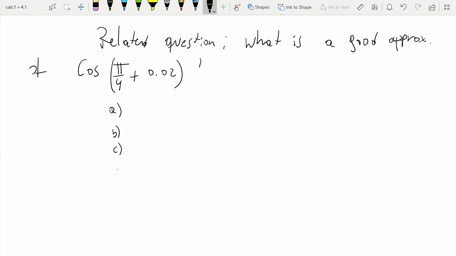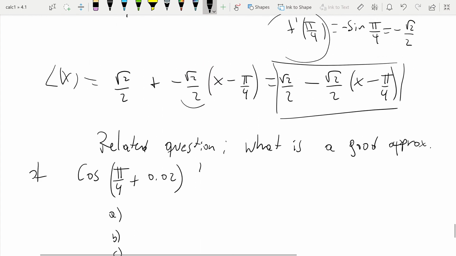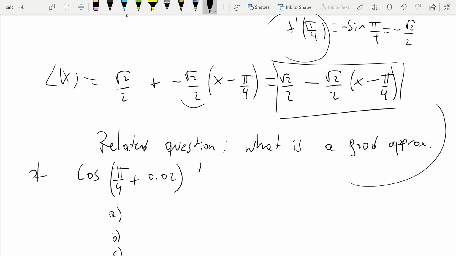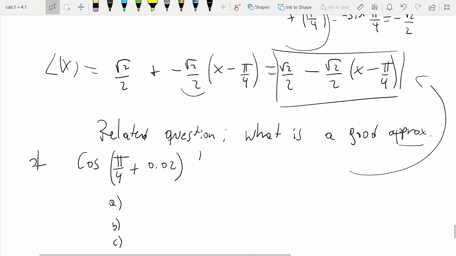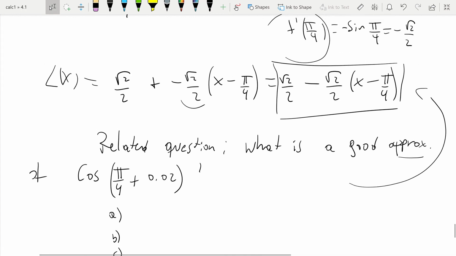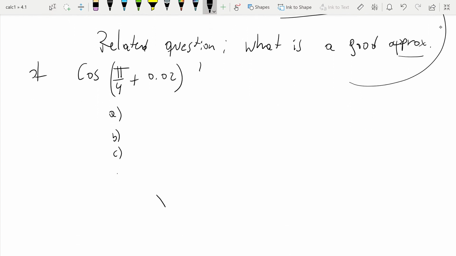And here the way to do it is to go back to the linear approximation. Whenever you ask me about an approximation in calculus, approximation always comes from looking at the linearized equation. So you go back to the previous expression, and you just need to plug in x equals pi over 4 plus 0.02.